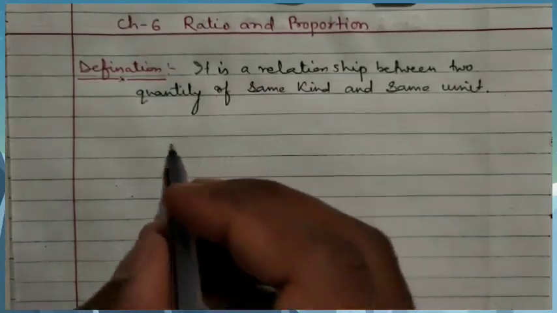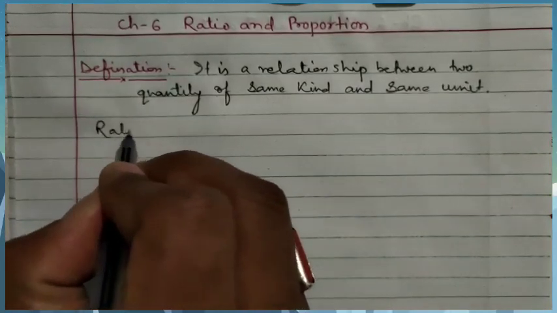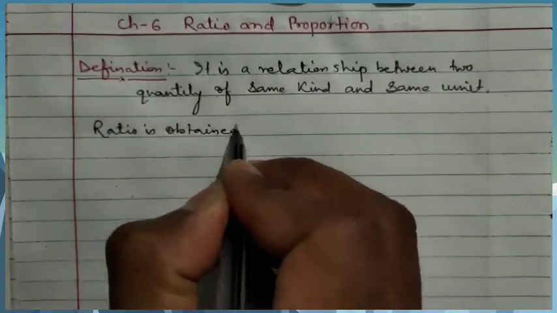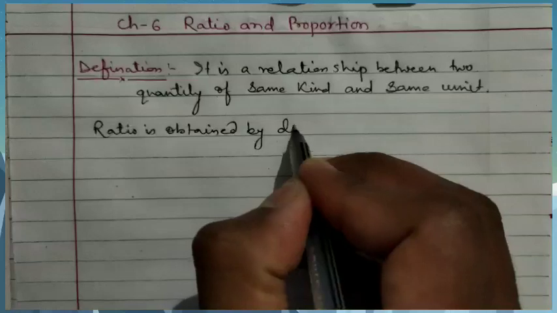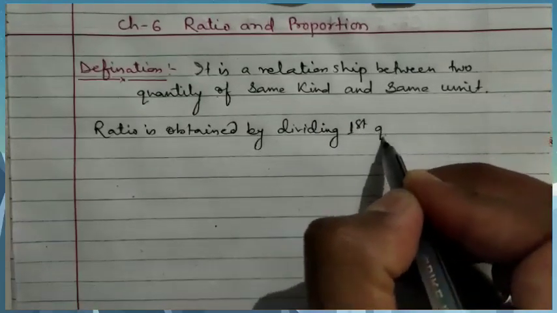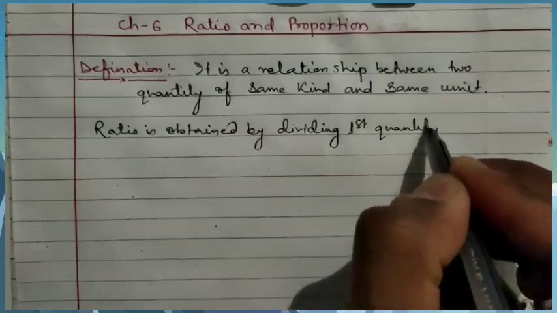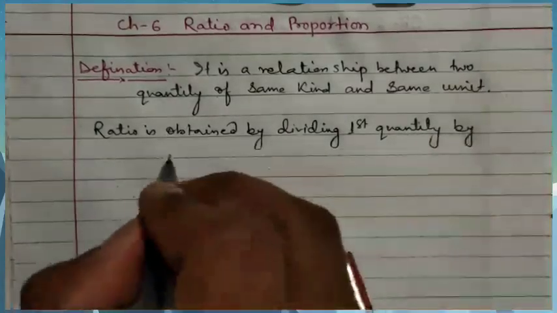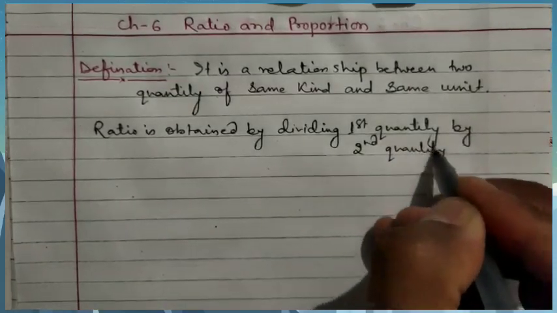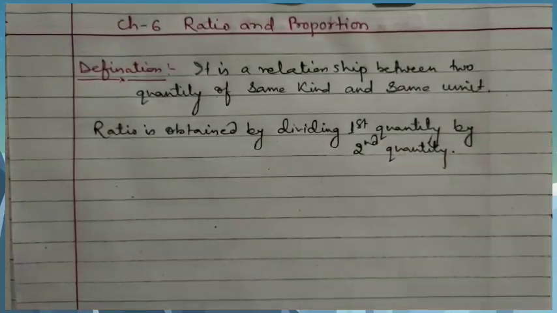Or you can say that ratio is obtained by dividing first quantity by second quantity.